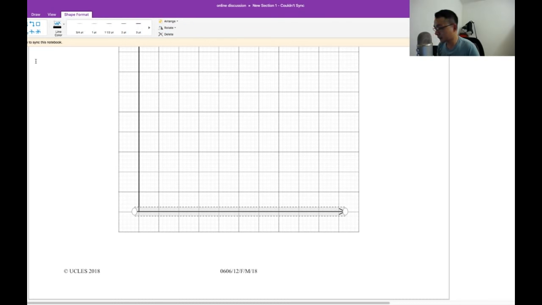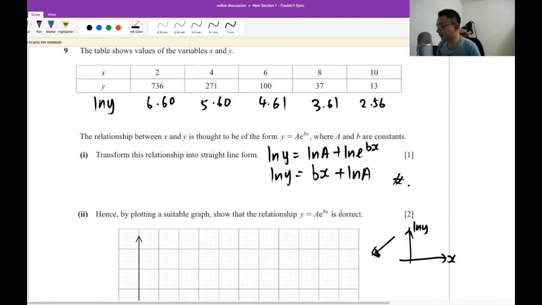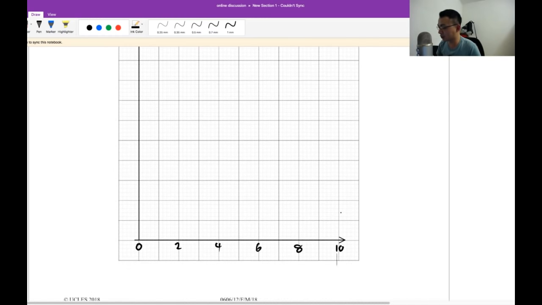So then I will do 0, 2, 4, 6, 8, 10, and then I will check my value. The highest is 6, right? So I will make sure it's up to 6.